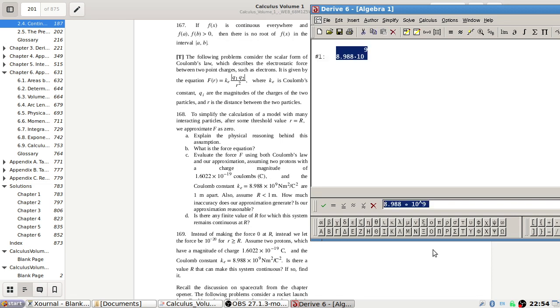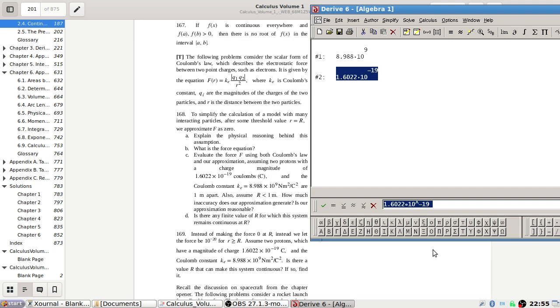That's the K. Assuming 2 protons with a charge magnitude of 1.6022 times 10 to the power of minus 19, that are 1 meter apart.